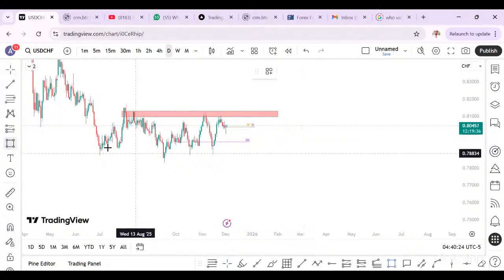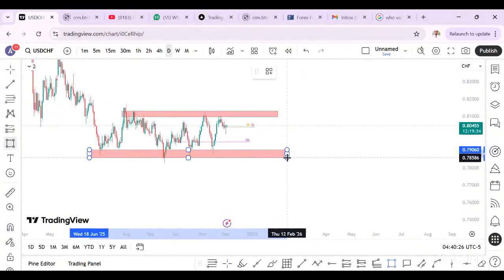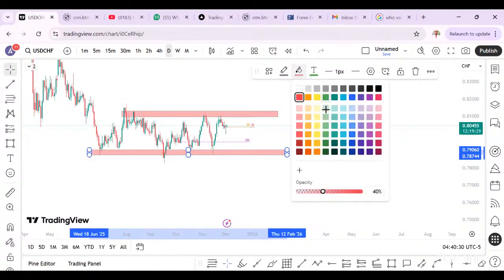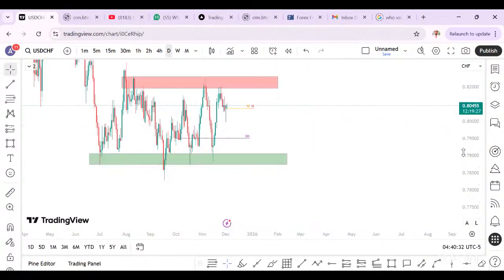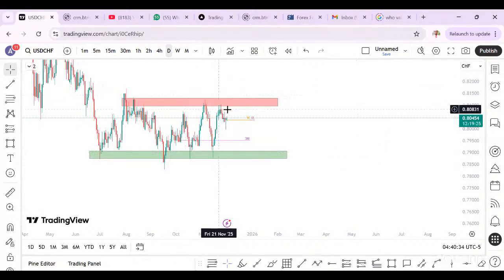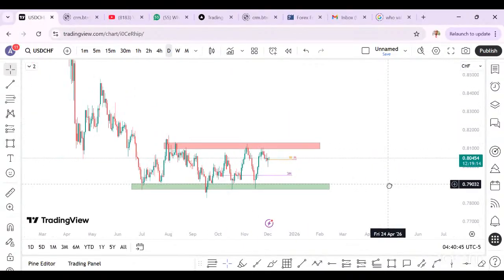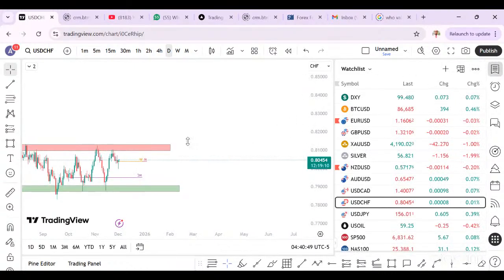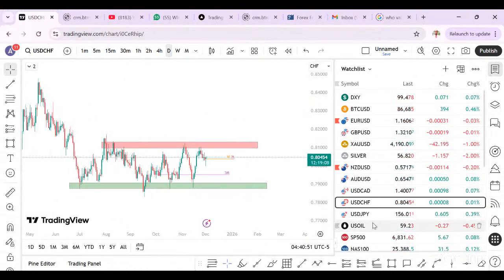It's just a ranging market. Let's watch the price return back here. So for now, USD-CHF, we stay clear of it. It's a ranging market. We need either a breakout or a breakdown. Further notice for USD-CHF.